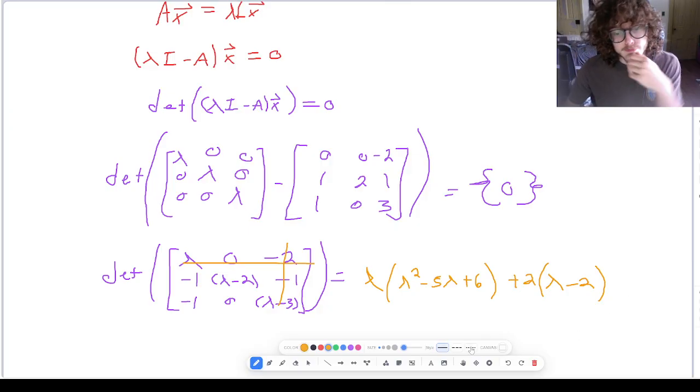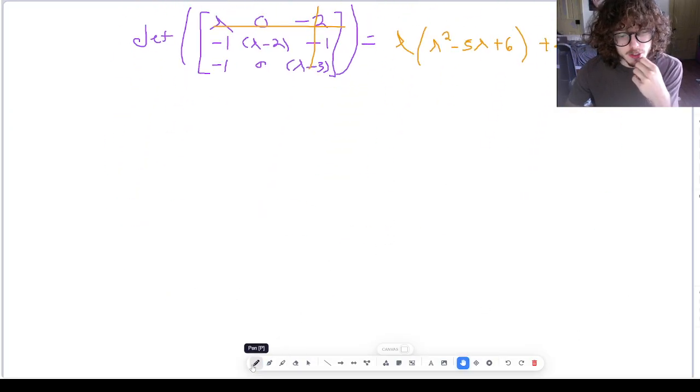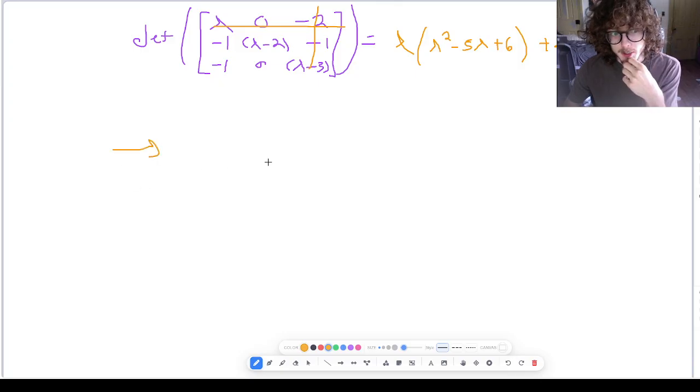Yep, that works. I'll leave it to you guys to show that if we solve, because this is equal to 0, and if we get it all out, you get what is called an eigen polynomial. It's common when you're solving for eigenvalues.